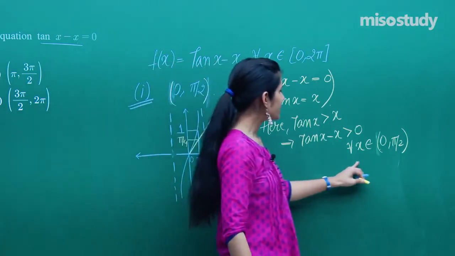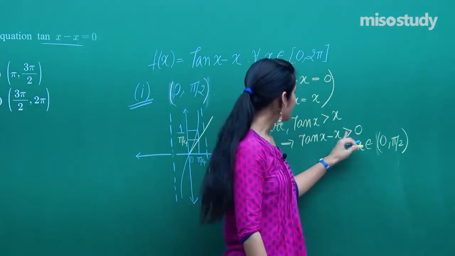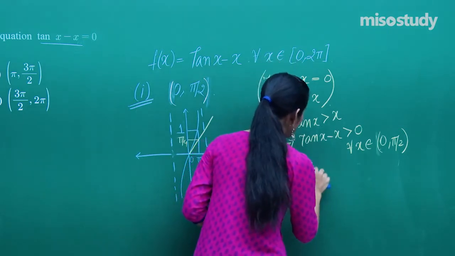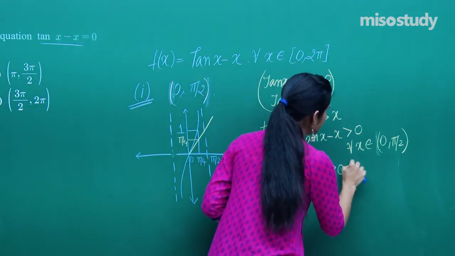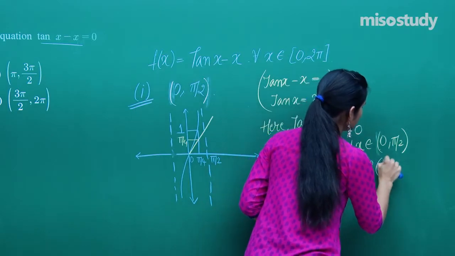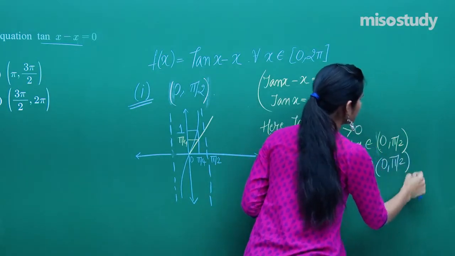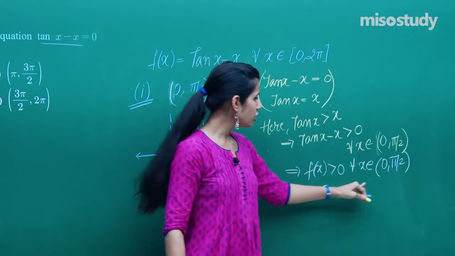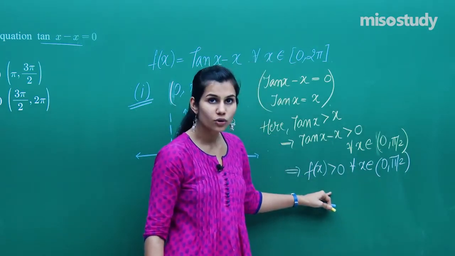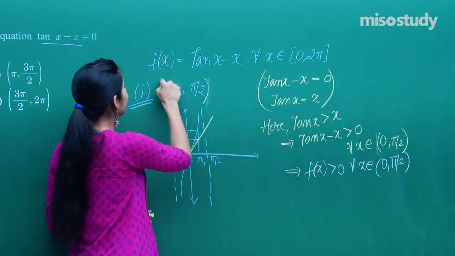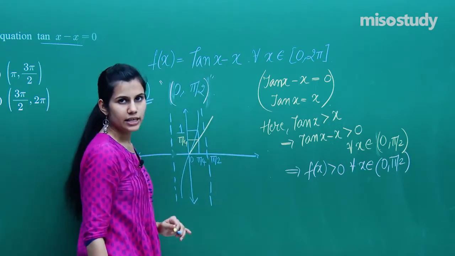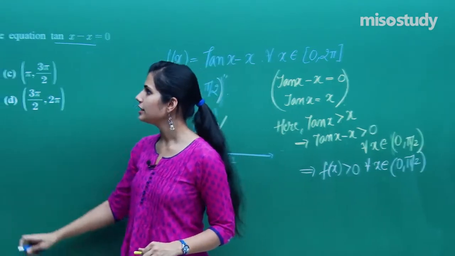So over here for all x belonging to 0 to pi by 2, tan x minus x is positive. This implies f(x) is positive for all x belonging to 0 to pi by 2. If f(x) is positive for all these x's, that means it is not 0. There is no root lying in 0 to pi by 2 for the function f. So 0 to pi by 2 is definitely not the answer.